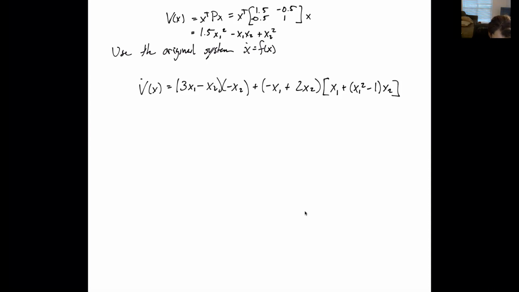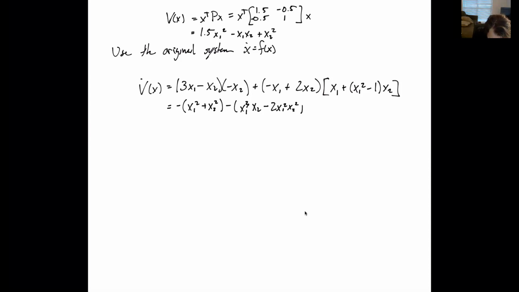All right, and now if we put everything together, we'll get minus x1 squared plus x2 squared minus x1 cubed times x2 minus x1 squared times x2 squared.